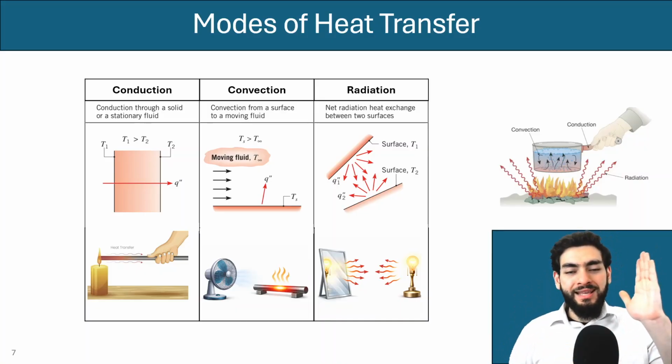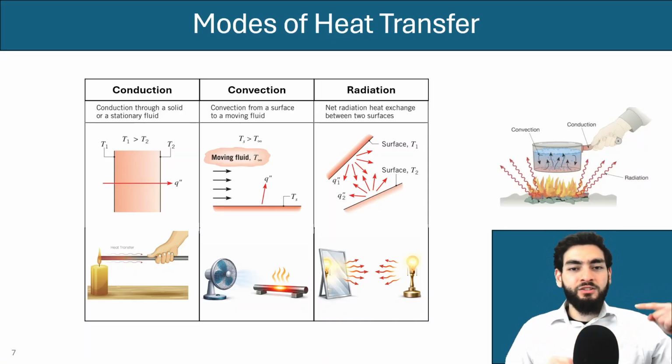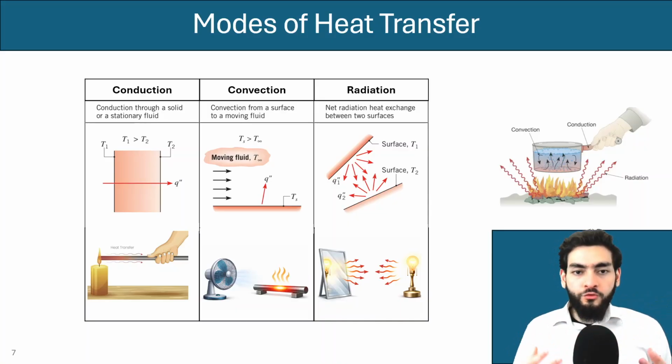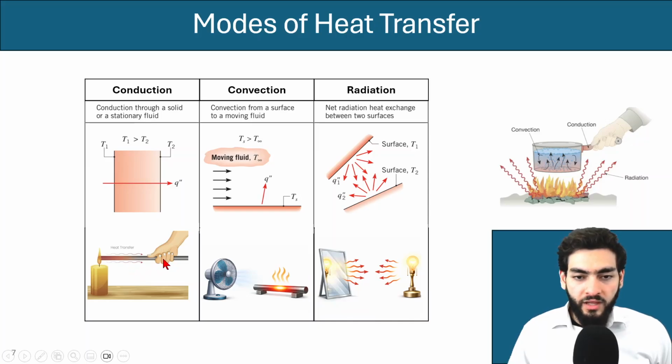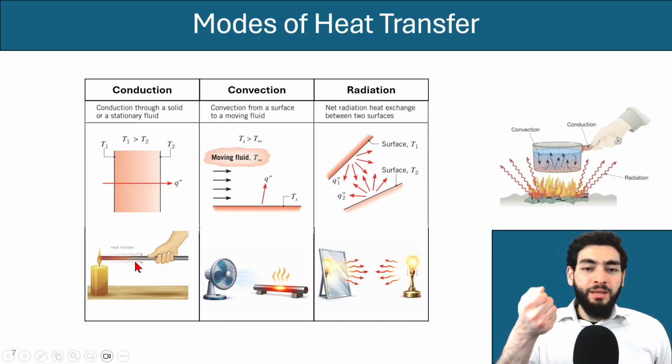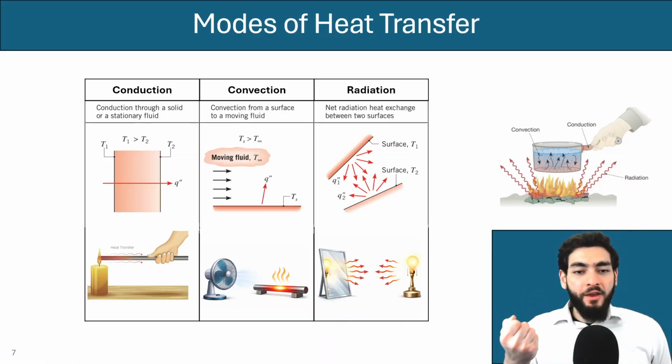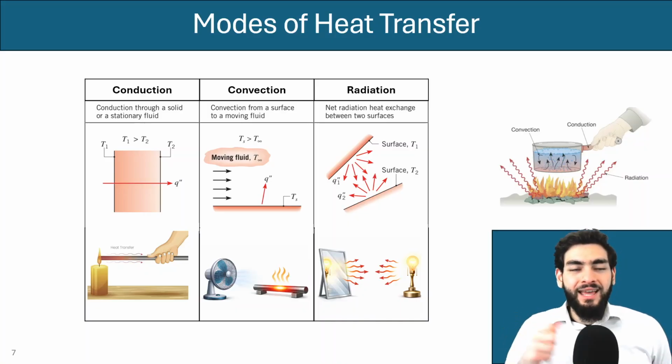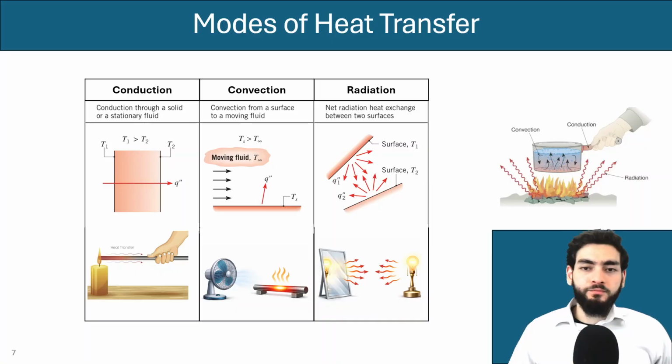Since T1 is higher than T2, you have a heat flux or heat flow going across the wall from the high temperature to the low temperature. Another example is somebody holding a rod with the tip of the rod touching a fire. Eventually the rod gets warmer and warmer along its length, and the person holding the rod will eventually feel the heat. That is due to conduction, heat transfer traveling across the rod.